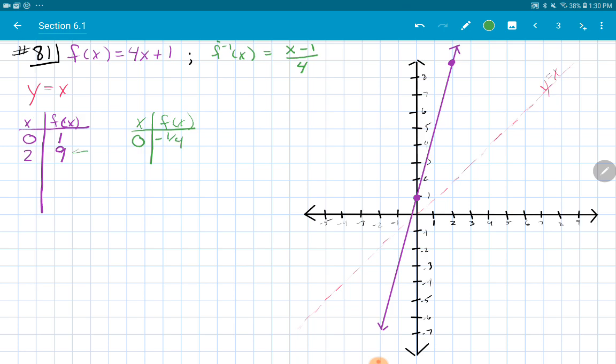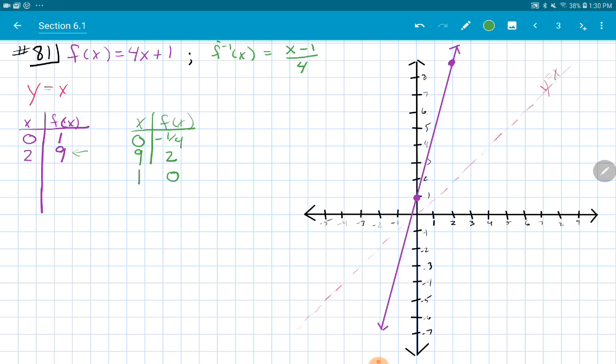Some good things to try are the opposite values, because I know all my A's and B's are going to flip over that y equals x line. So let's plug in the range from our purple table as a domain for our green table. If I plug in a 9, I should get a 2 out. If I plug in a 1, I should get a 0 out. So 9 minus 1 is 8, divided by 4 is 2.